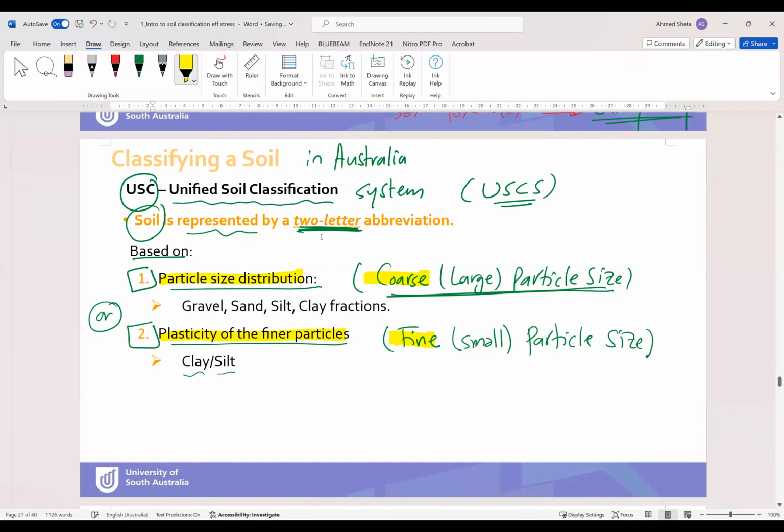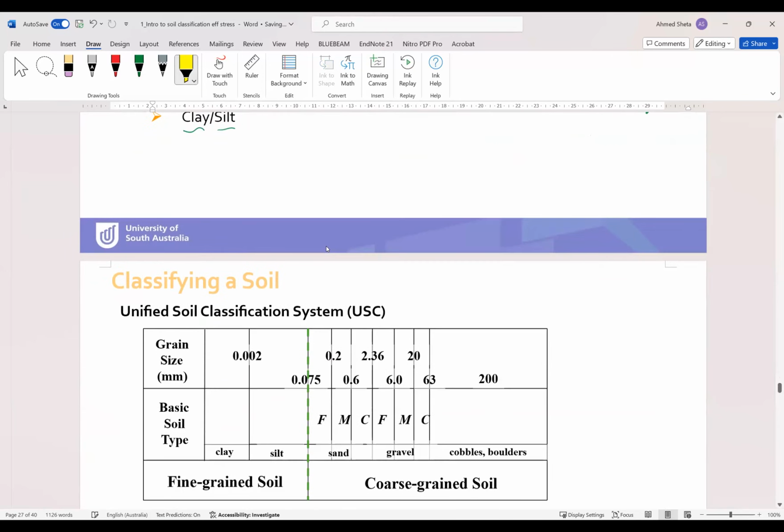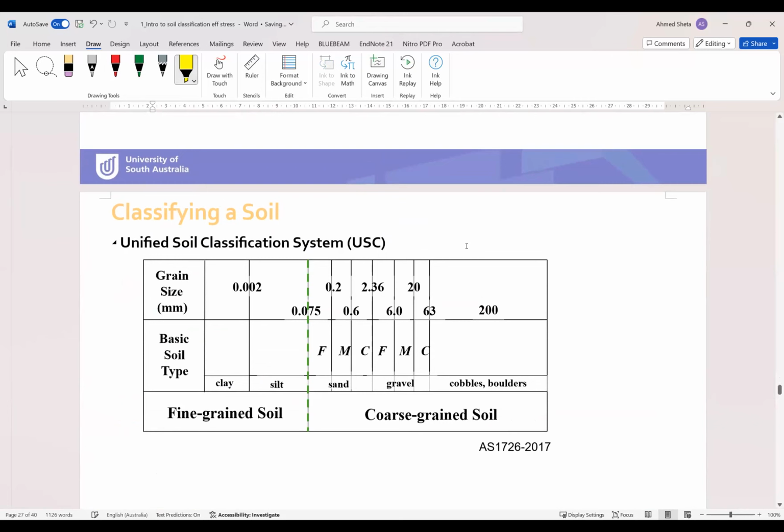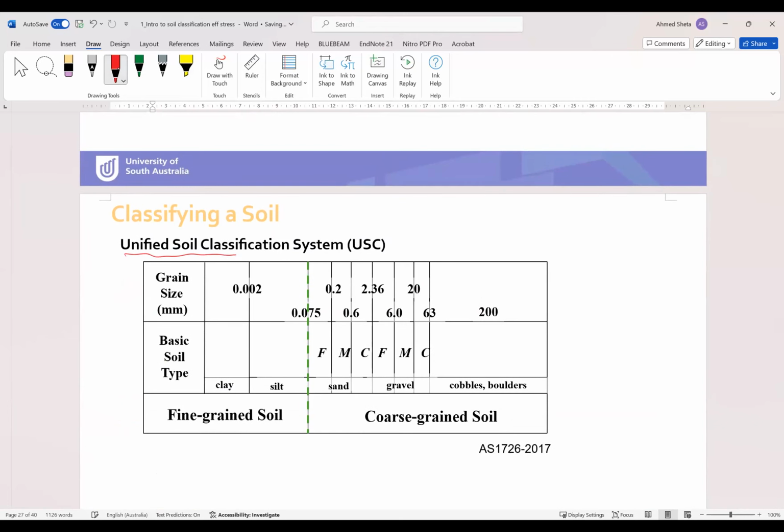Okay, if we go to the next slide here, this table is the USC system and can be found in the Australian Standard AS 1726 2017 for the soil tests or geotechnical tests of soil.